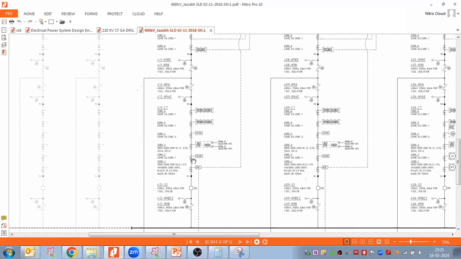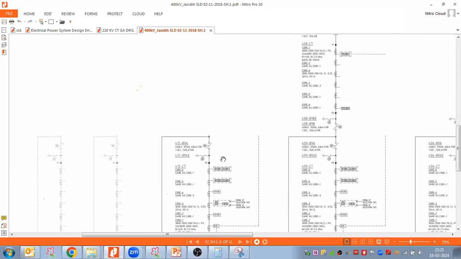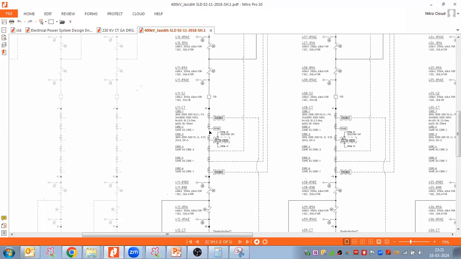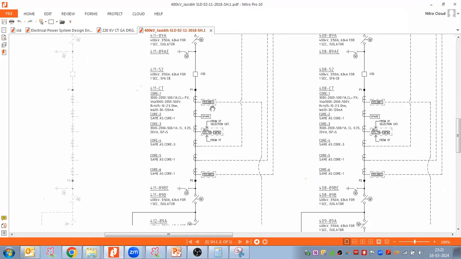Here is the 4th core, which is for the metering purpose of the tie bay. Then 4th and 5th: in this case the 4th is a spare core, so just make a star point and ground it, and the 5th core is for bus bar protection, LBB, local breaker backup purpose.